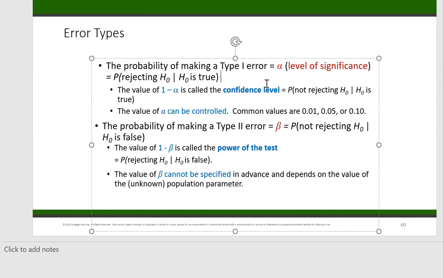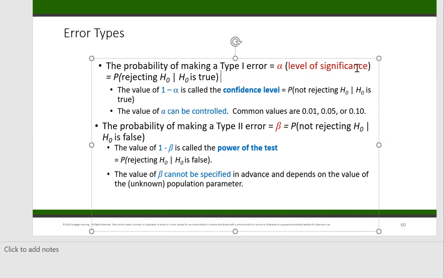But before that, alpha is the probability of rejecting the null hypothesis if the null hypothesis is actually true. The probability of making a mistake by rejecting the null hypothesis if it's actually true.